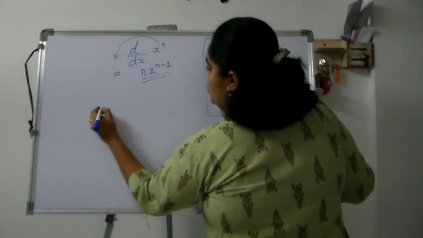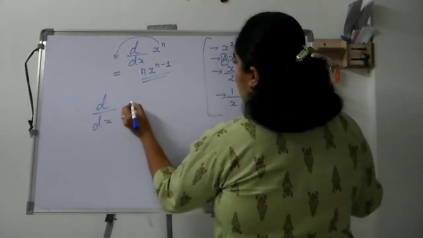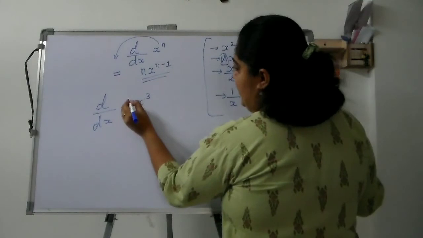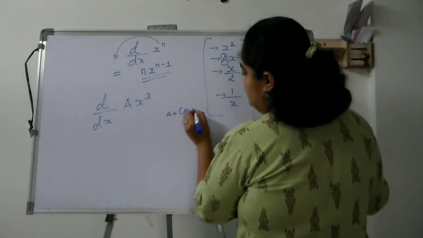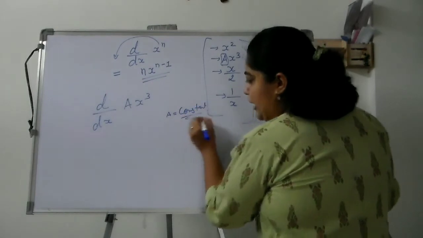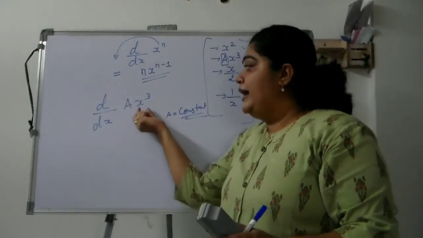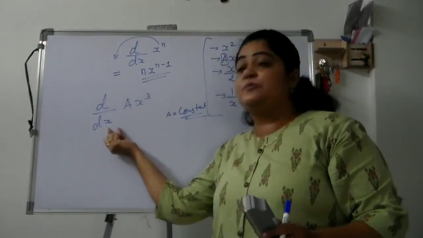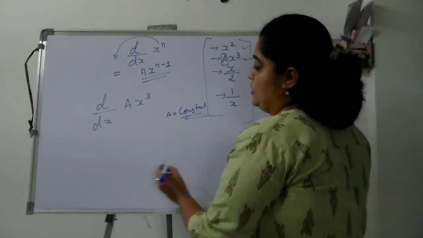Now let us take one more example. If I am asked to do d by dx of ax cube, where a is constant. Now I have told you that here x is the variable. X has to be differentiated with respect to x. Correct? So what happens? A is constant.